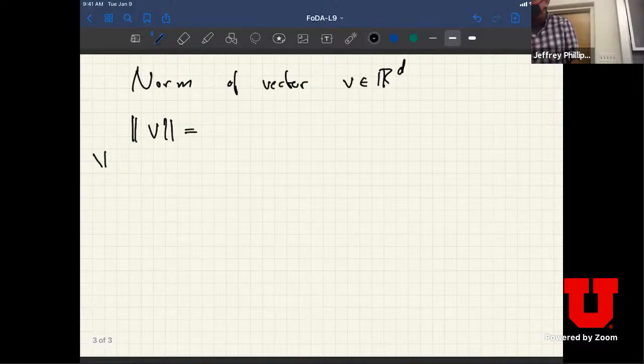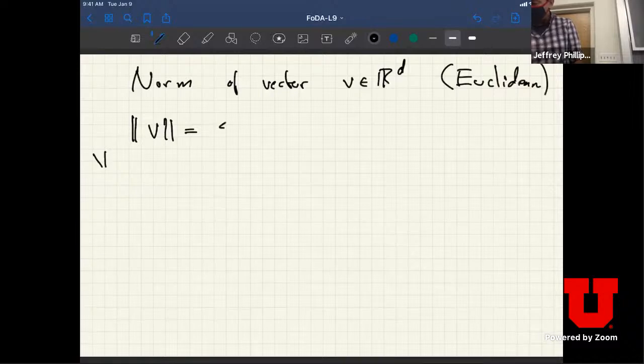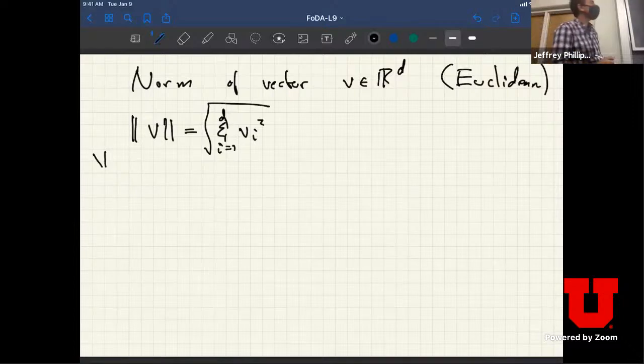Then I can formalize this as the Euclidean distance. I square all the coordinates, I add them up, and I take the square root. This is the straight line distance.